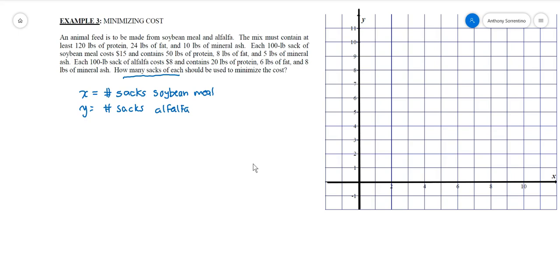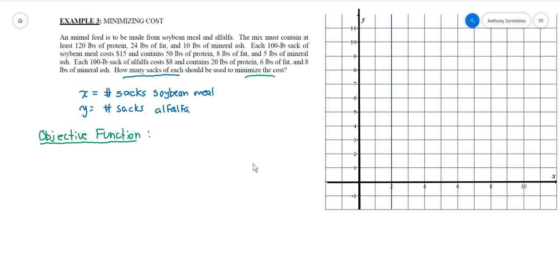And that's very important. Our objective function, I always find it's best to figure out what that is first. I want this objective function in terms of X and Y. It's going to be cost.